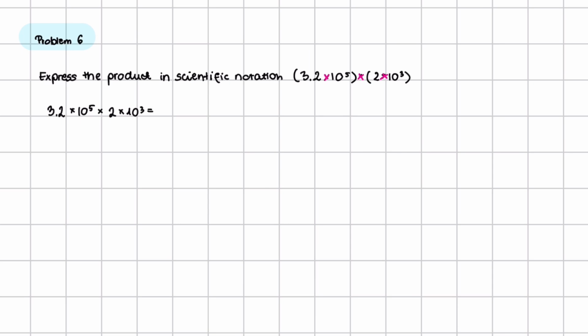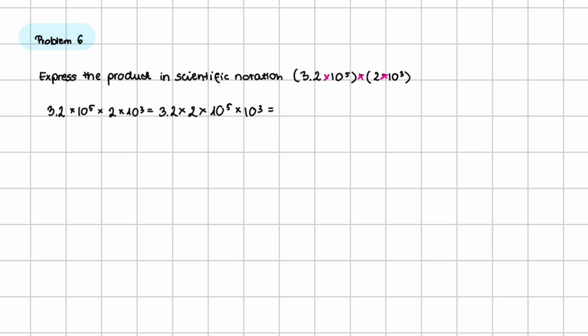We can also change their places, because it is multiplication, so it doesn't matter where the number stays. So we can rewrite it like this: 3.2 times 2 times 10 to the power of 5 times 10 to the power of 3.